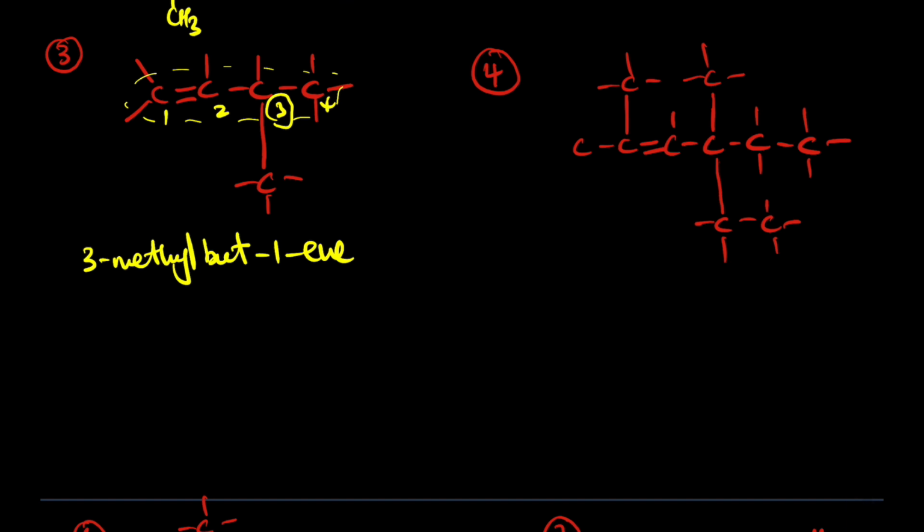So let's go to this one. We have the longest. I did not finish here the carbons. Okay, it's everything correct. So let's say the longest is 1, 2, 3, 4, 5, 6. It's 6 in any case.